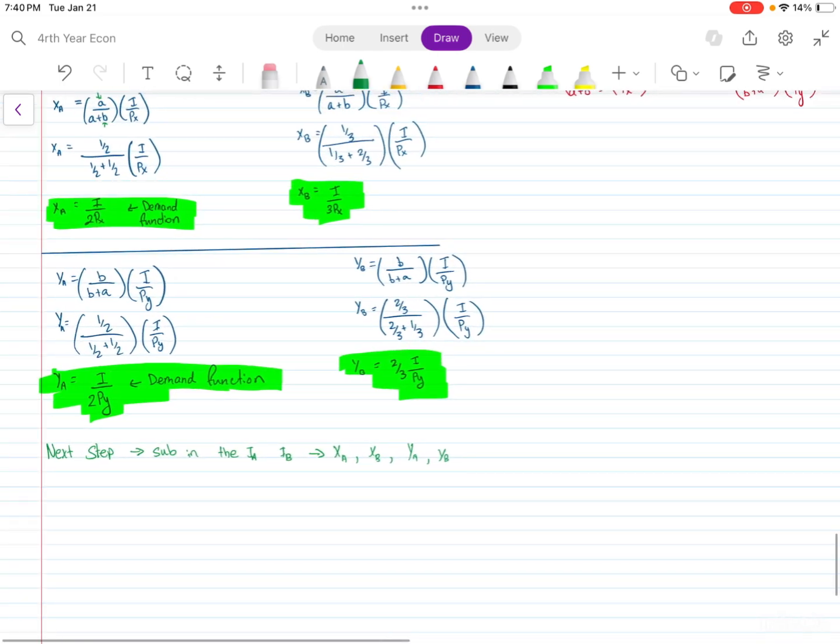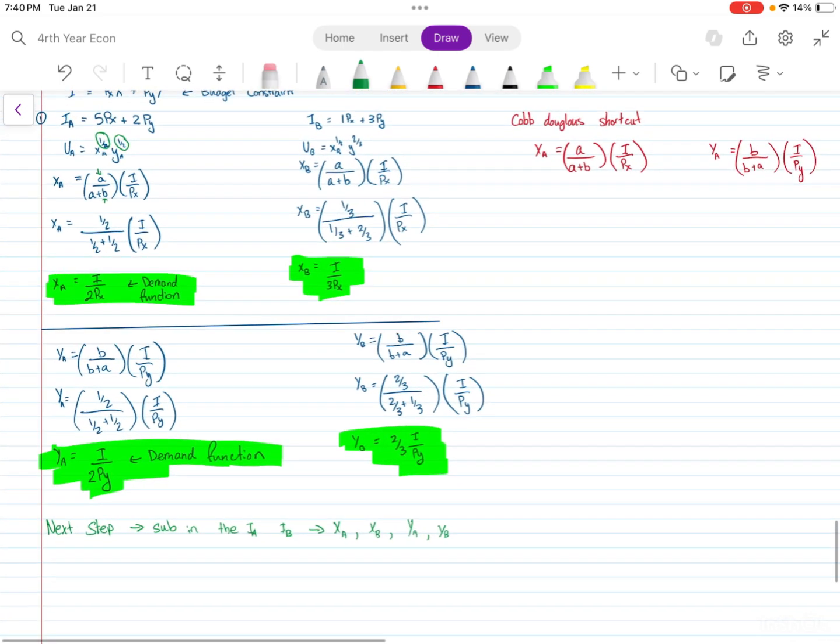Let's start with Alex again. We know that his income is equal to 5PX plus 2PY. If we sub that into the first equation, which is XA, let's go ahead and sub that in real quick.